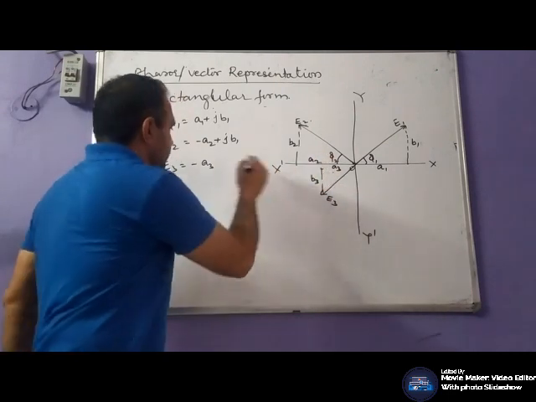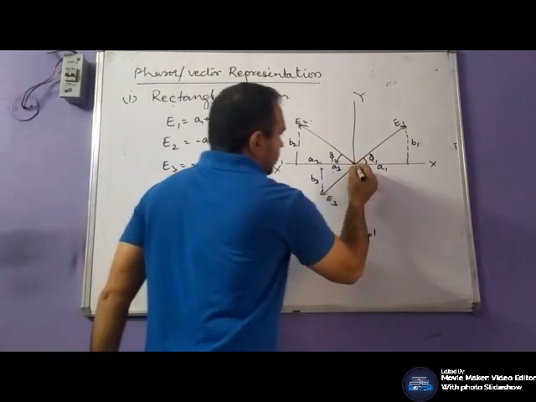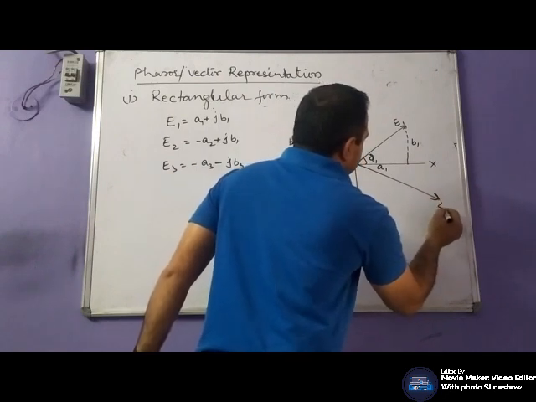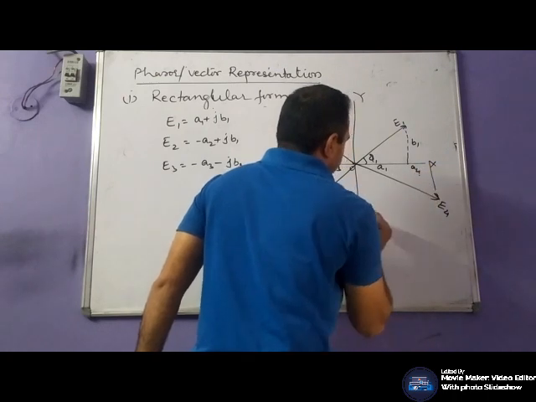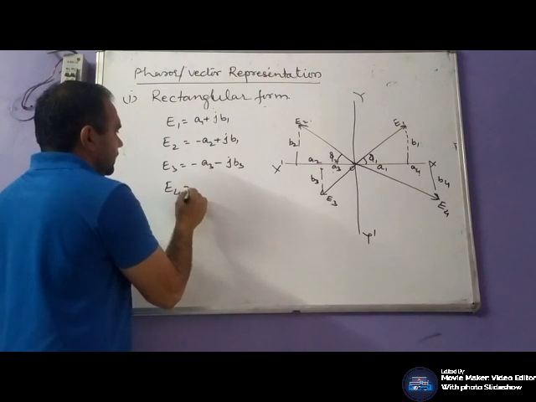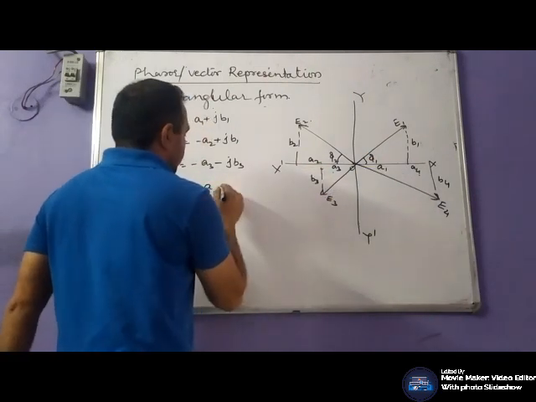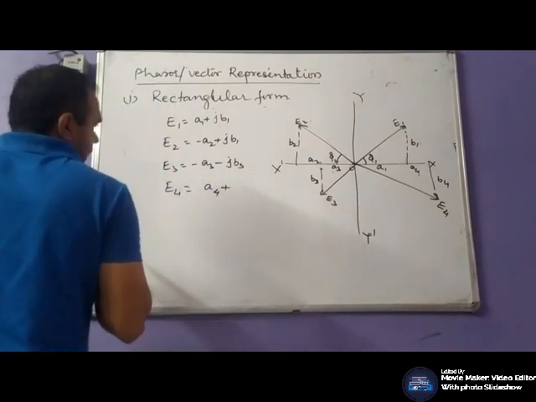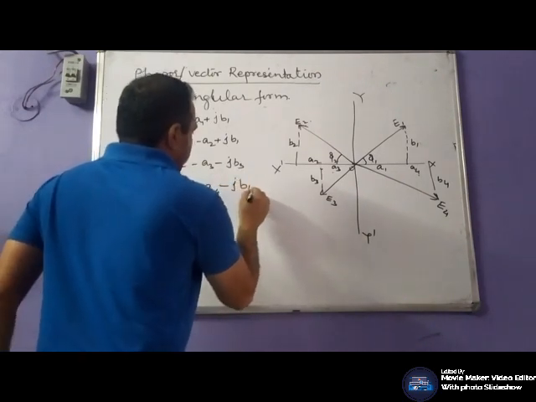So it means jB3 and E4. It would be A4, B4 and similarly rotated by 360, minus jB4.